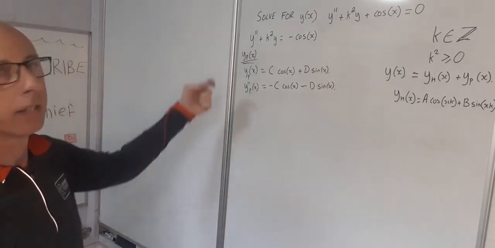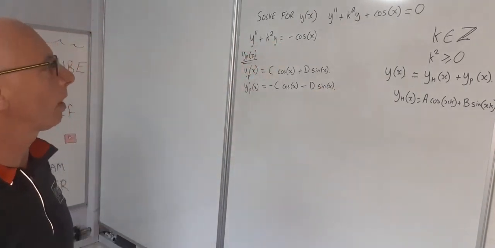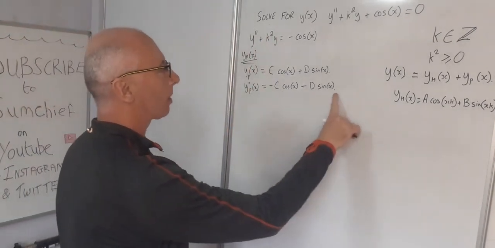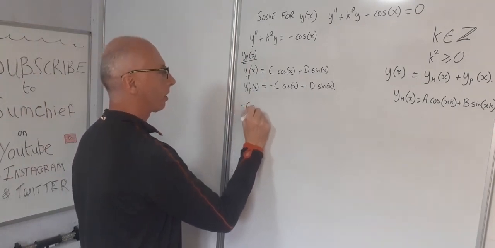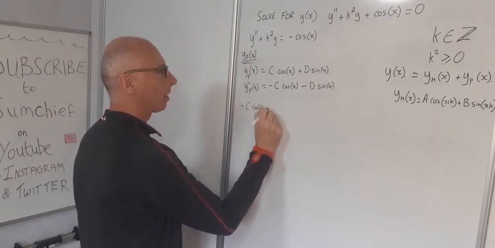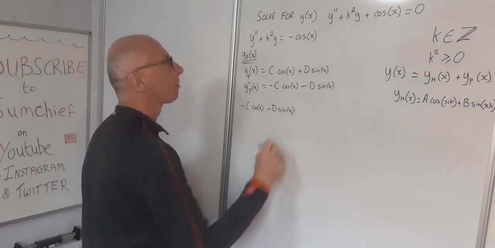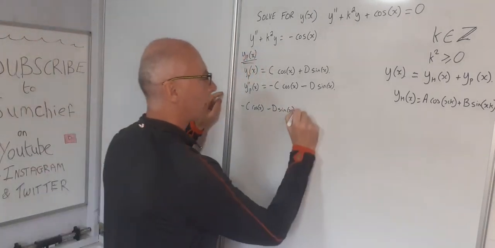Okay, so now I'm ready to plug that into the equation we first started with. So y double prime p takes this form. We've got minus c cosine of x minus d sine of x, and now I've got to add k squared y.